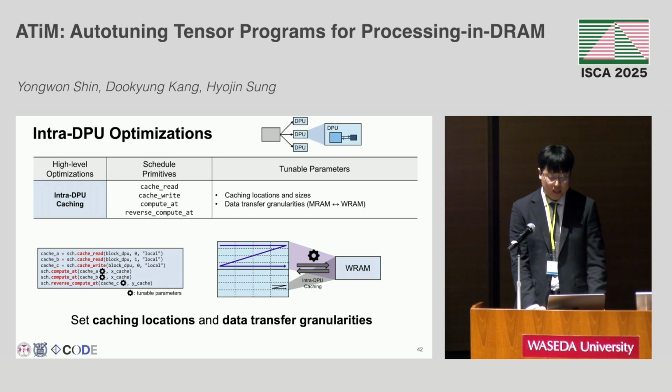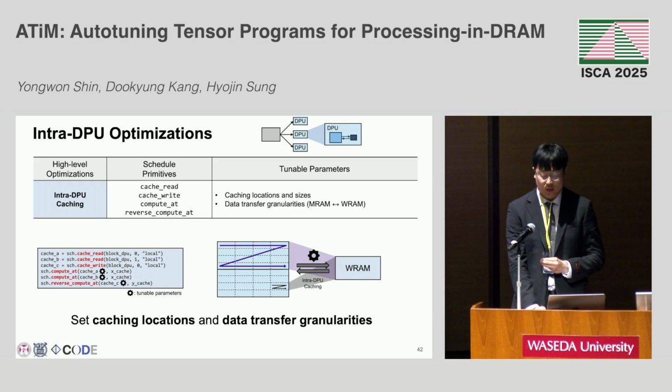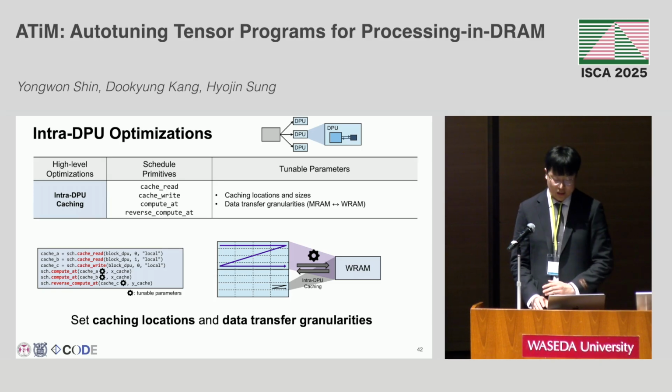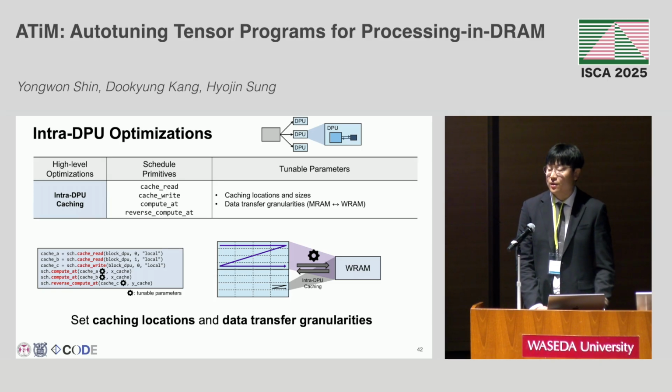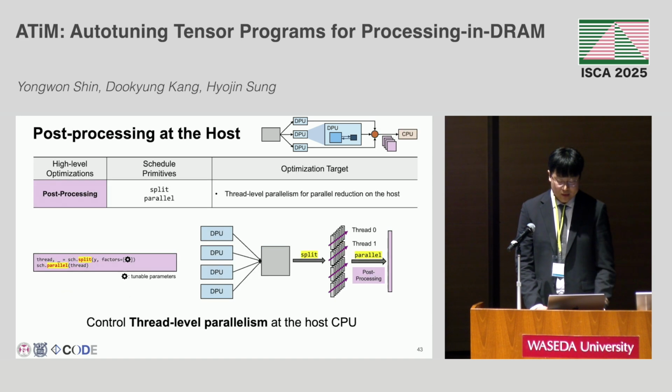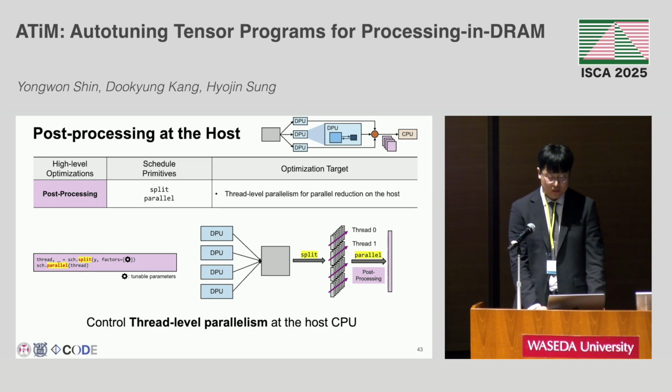A DPU must load data into WRAM before computation, and when this happens can greatly affect performance. ATiM uses cache-related primitives to optimize this by assigning caching locations to specific tiling levels and scheduling data transfers between MRAM and WRAM. Lastly, when hierarchical reduction is used, host-side post-processing completes the final reduction. This step can be parallelized with schedule primitives too.